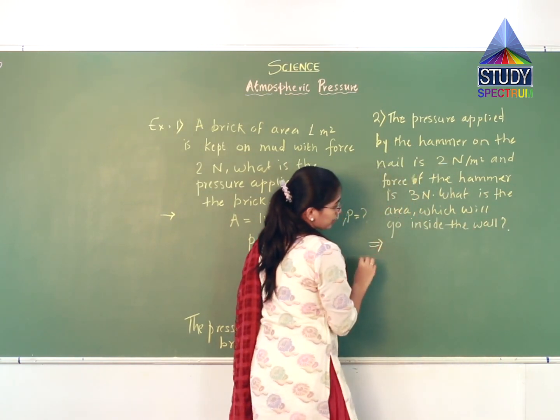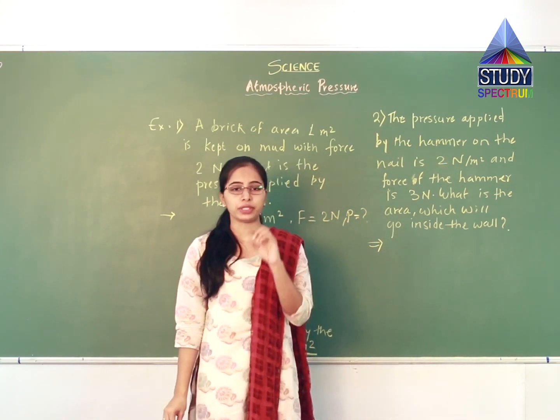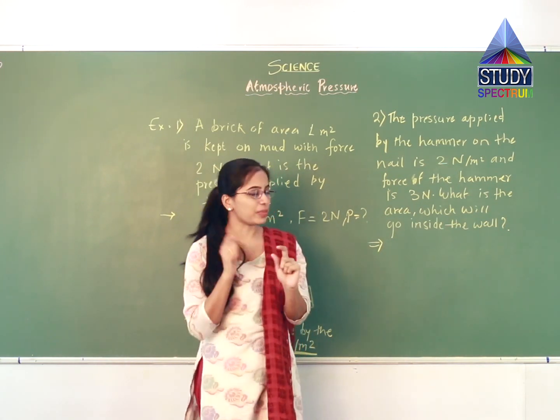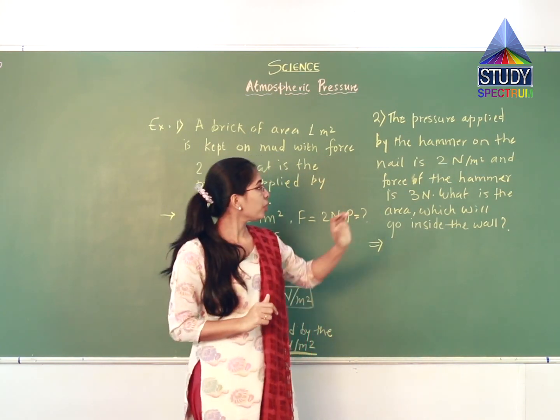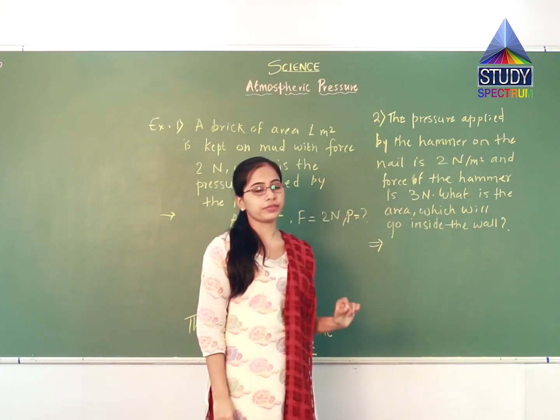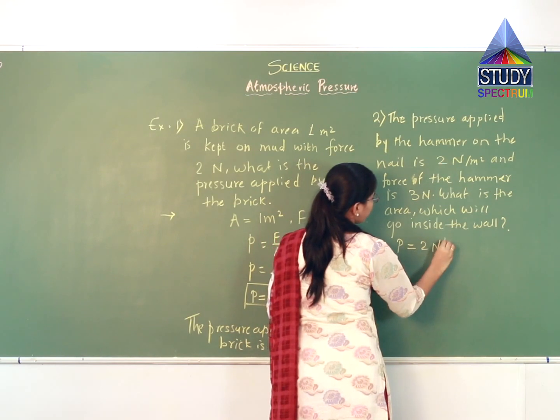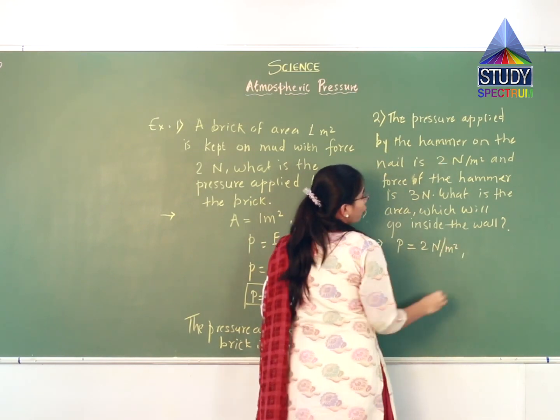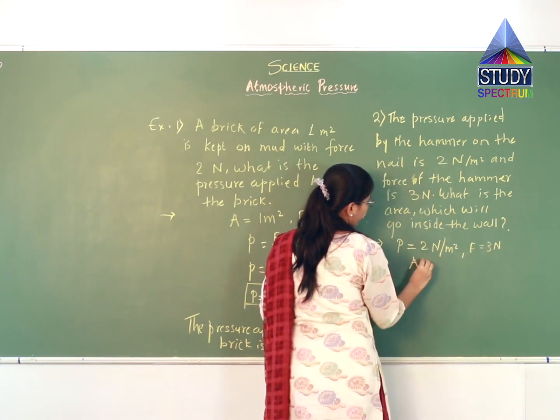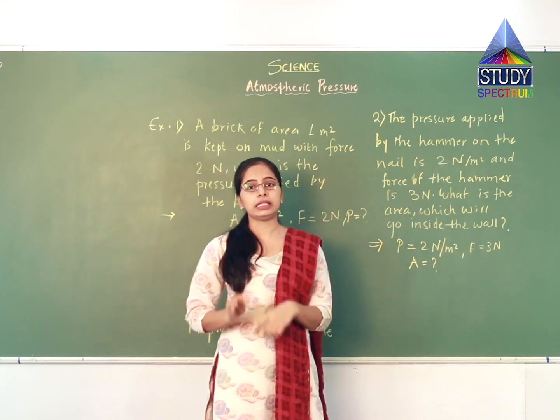Means you can see this example. This is a little bit twisted, but it is very simple. You have one nail, you are hammering it with a hammer, and here the pressure is given, also the force is given. So the pressure is 2 Newton per meter square, the force is given 3 Newton, and we have to find out the area of the nail point which will go inside the wall.